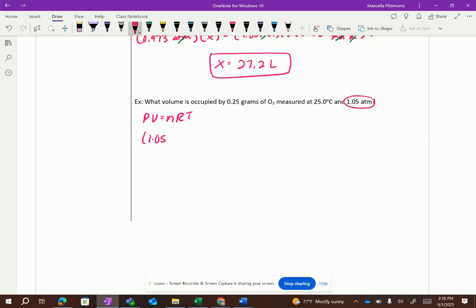So 0.0078125 moles times R, which is 0.08206 liters times atmospheres over moles degree Kelvin. And then I need my temperature in Kelvin, so 25 plus 273 gives me 298 degrees Kelvin.